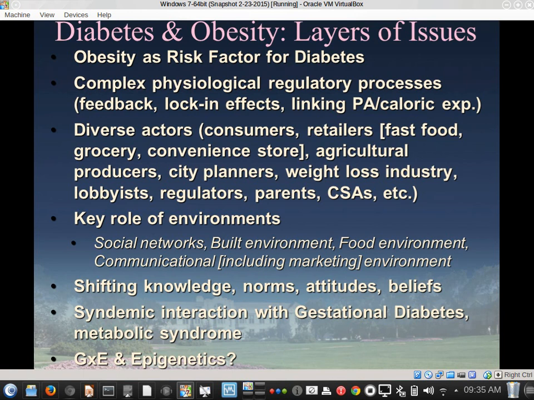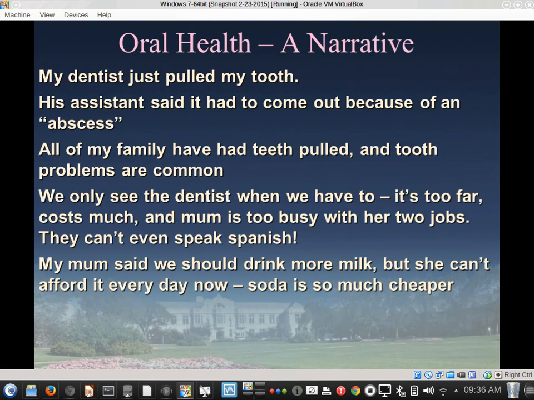So the role of environments, surely the biomedical components are part of it, but there are lots of other components involving multiple actors: consumers, retailers, agricultural producers, city planners, the weight loss industry, shifting norms and people's changing beliefs about what is healthy food, what's a normal weight. All these things come to the fore. Similar issues with oral health.